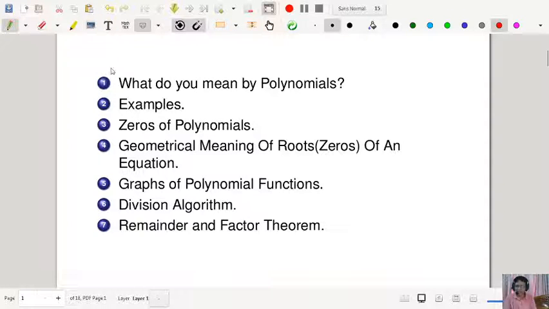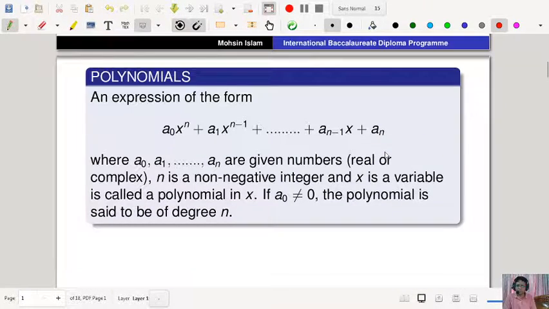Okay, that is the target of our today. So let me move very fast.